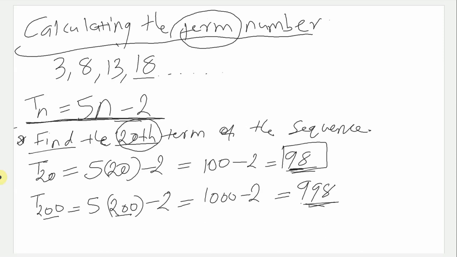So here it's simple and straightforward. You just note the value of n, and then you substitute it in the formula, then you get your answer. So coming back to this question over here, let's say the question asks you: which term of the sequence is 38?